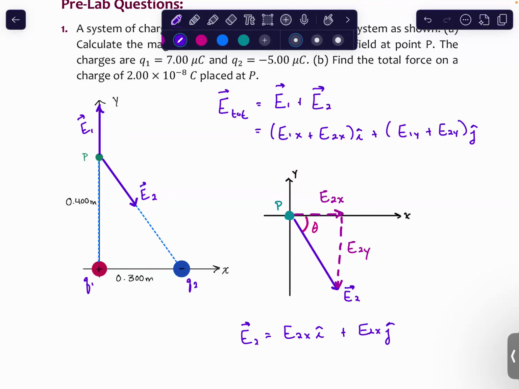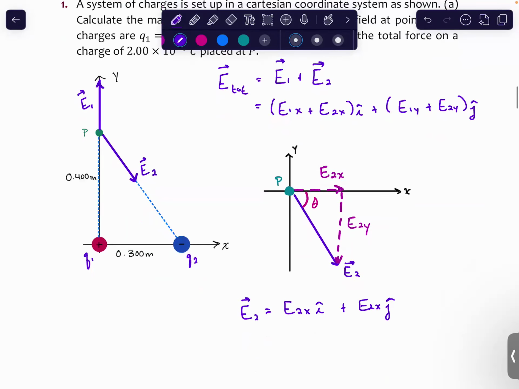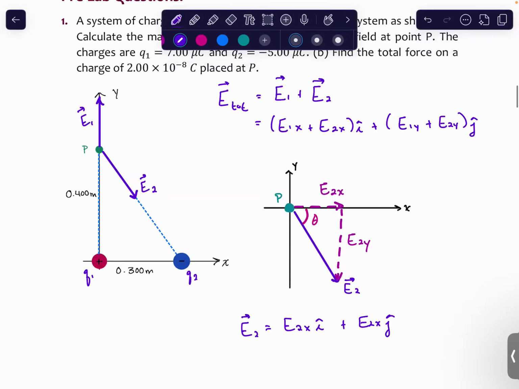Once you have both E1 and E2 in this vector component form, then you're going to add them together. Let's see, what does it say? Calculate the magnitude and direction of the field at point P. So once you have the total electric field, then of course you'll find the magnitude of that vector and you'll find its direction the way we've been working on with vectors in class.